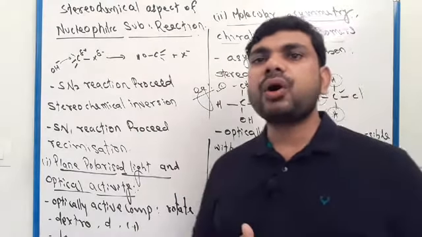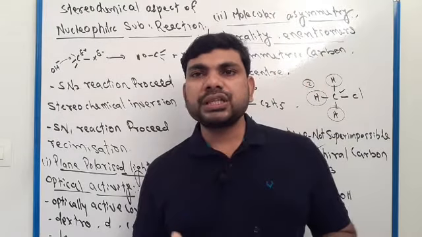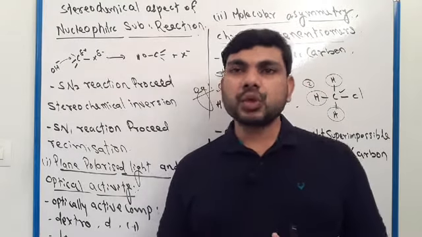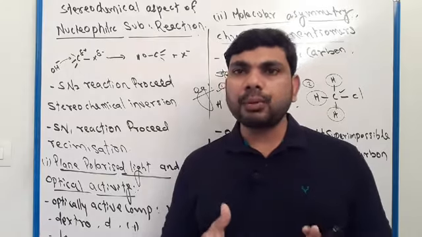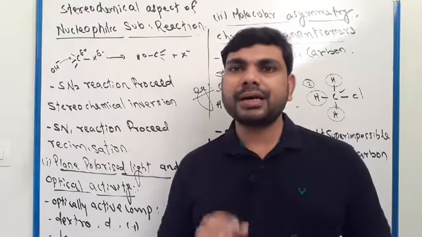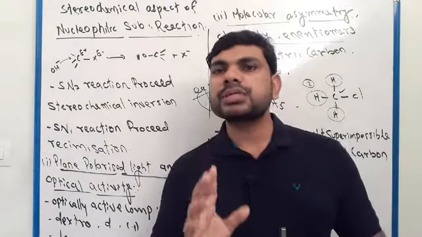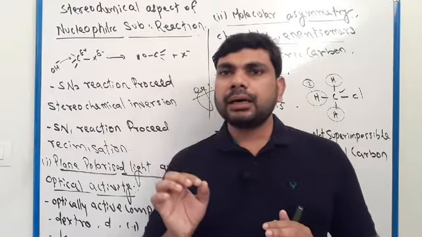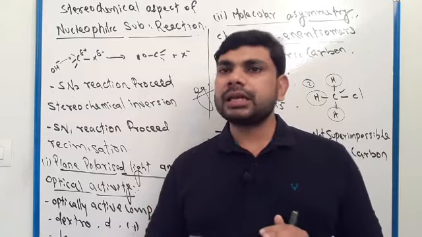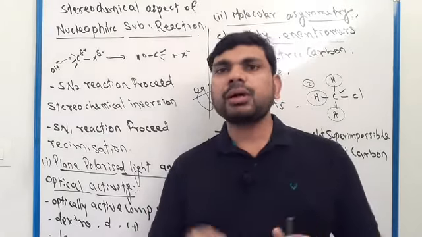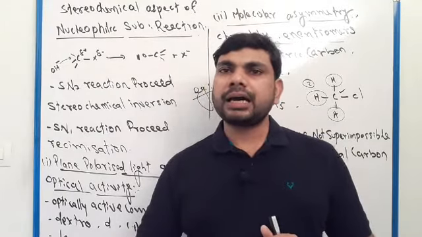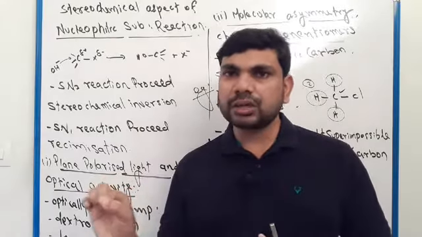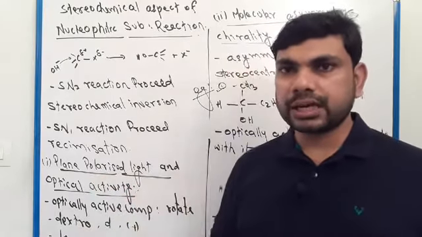Such compounds are called optical isomers. There are two possibilities for rotation after passing plane polarized light through a particular compound. The plane polarized light rotates clockwise or anti-clockwise.